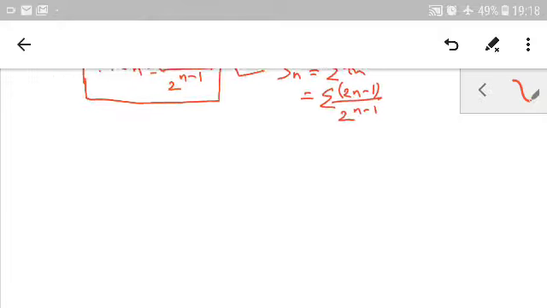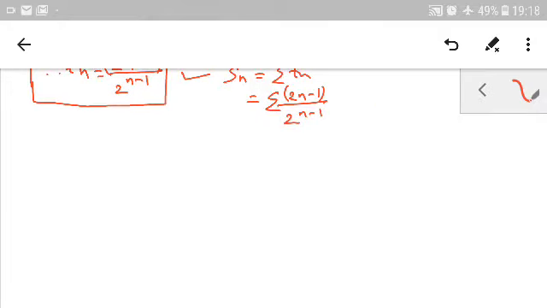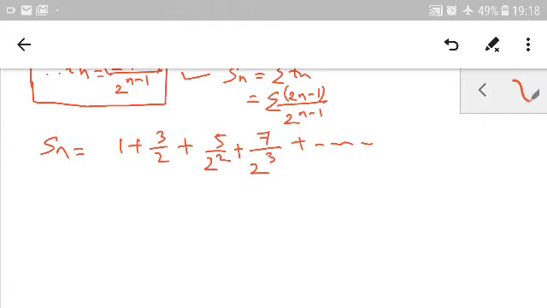So now the question is, if you go like this, our Sn is nothing but 1 plus 3 by 2 plus 5 by 2 square plus 7 divided by 2 cube. Clear? It goes on like this.